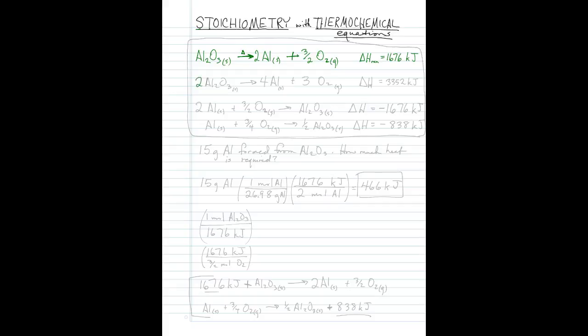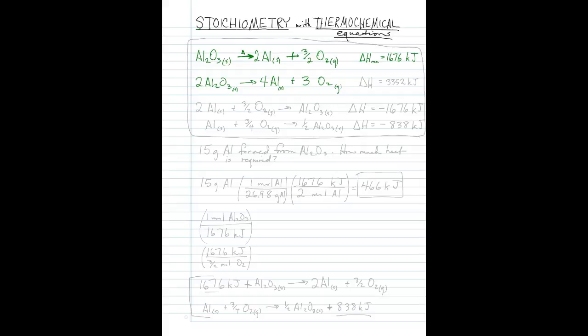We could rewrite this equation and just double everything, and it would look a lot more normal to you. I'm going to just double the coefficients, plus 3 O2s. And of course, this is still a solid, this is still a solid, this is still a gas.